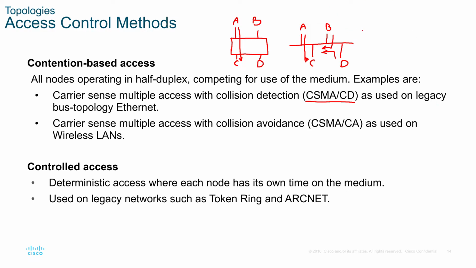Once a collision occurs, the devices send out a jam signal to tell all devices on the network that there has been a collision of data.